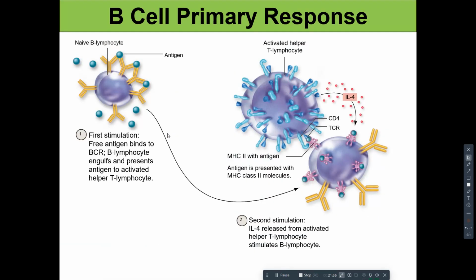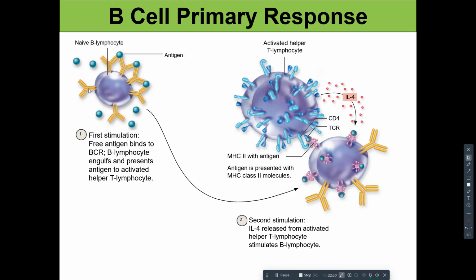A naive B lymphocyte grabbed onto and swallowed that same antigen, chopped it up, and is displaying it on its surface here, on its MHC2 proteins, of course. And by the way, it wasn't random that this B lymphocyte swallowed that antigen. This B lymphocyte has its own specific receptors for it.